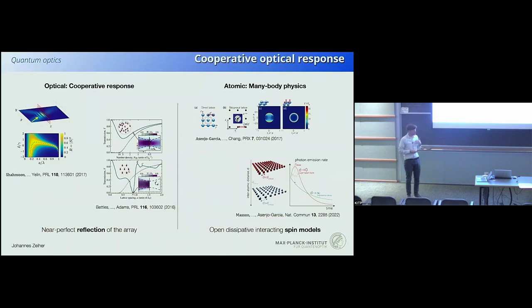So this is very interesting also from a many-body physics perspective, and very difficult to describe because it's an open dissipative many-body system. All right, so so much for the theory.